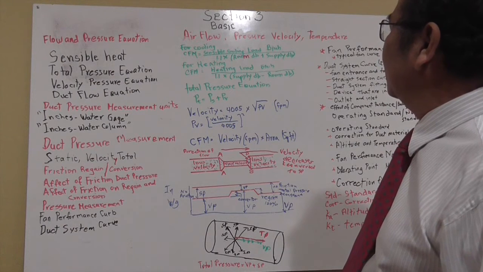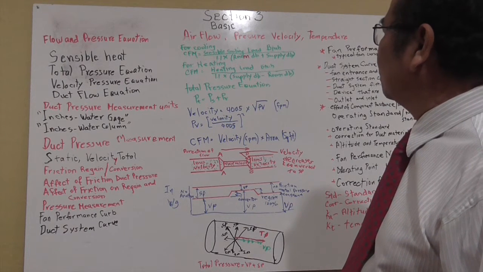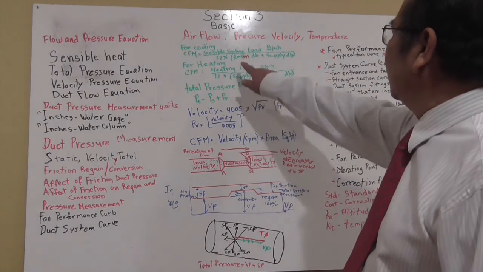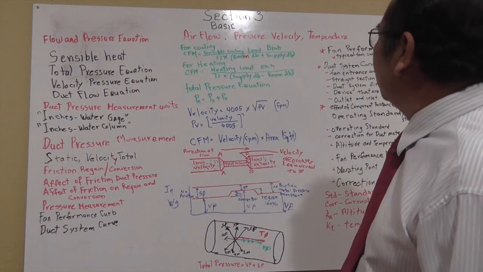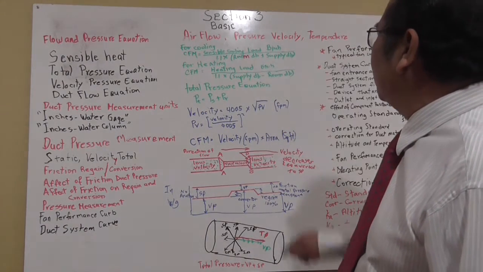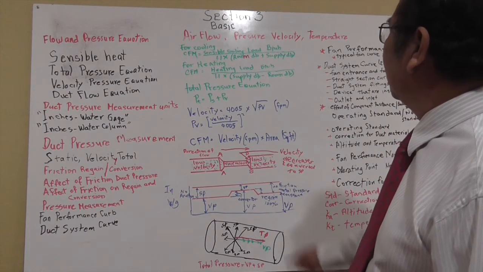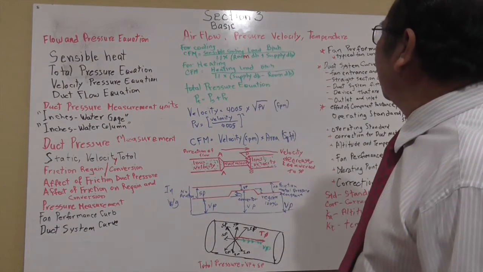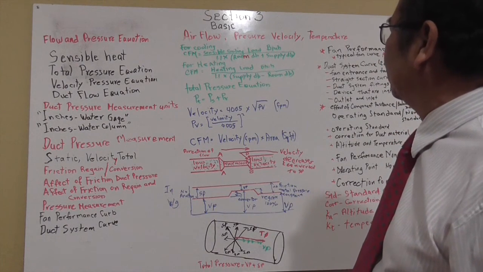For the cooling load, to calculate the CFM, we first get the sensible cooling load in BTU, divided by 1.1 times the room dry bulb minus the supply dry bulb.